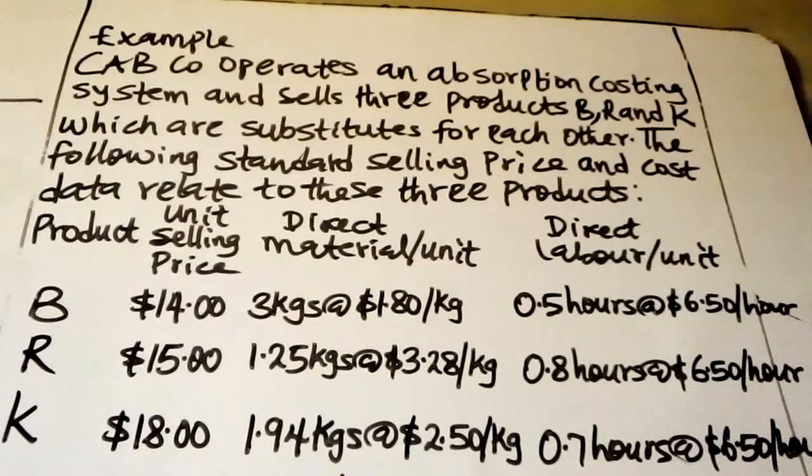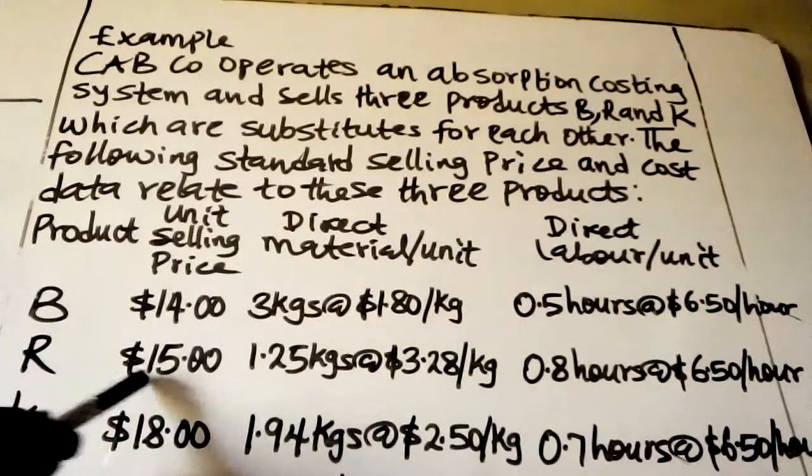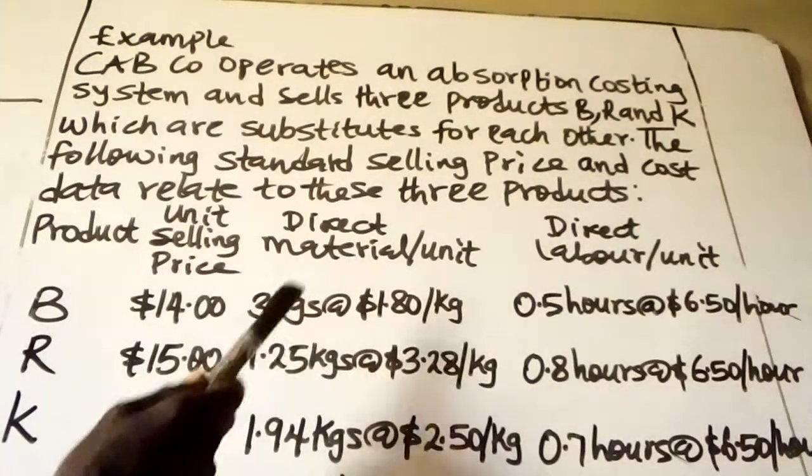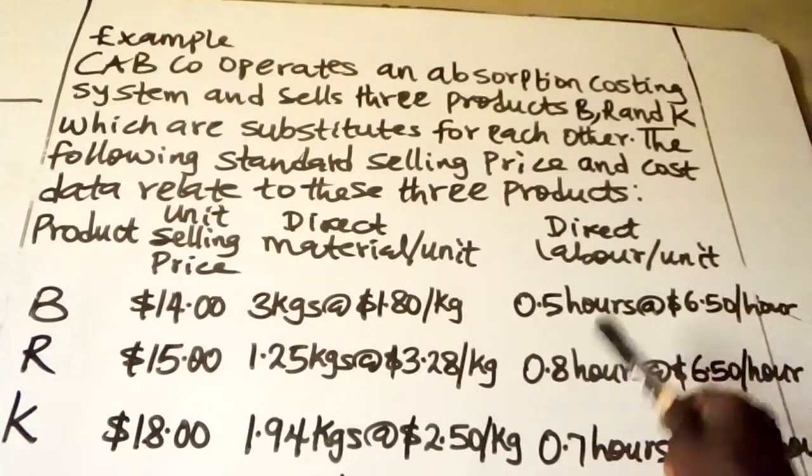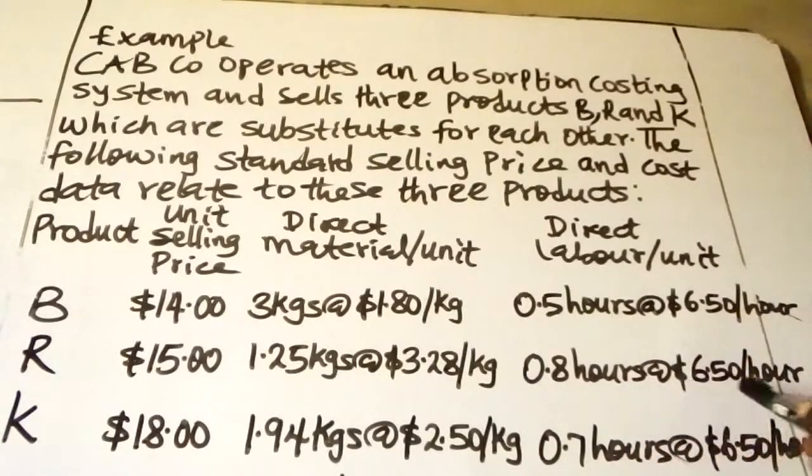Direct material for B, 3 kgs at $1.80 per kg. Then we have direct labor, which is 0.5 hours at $6.50 per hour. For R, $15 is the selling price, and the direct material is 1.25 kgs at $3.28 per kg, and direct labor 0.8 hours at $6.50 per hour.